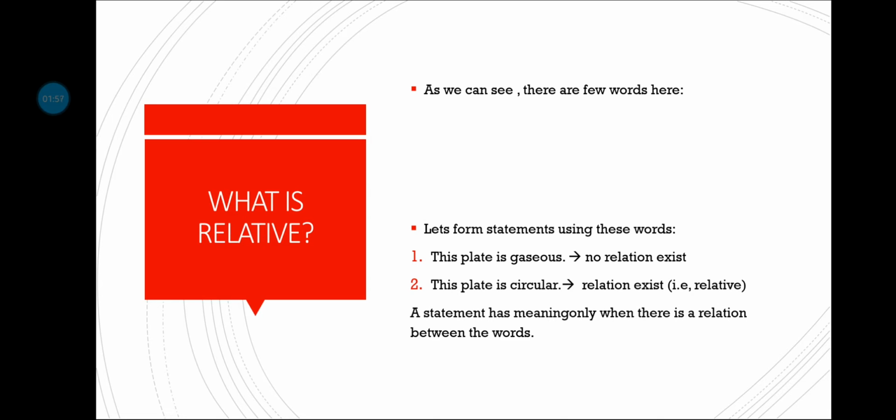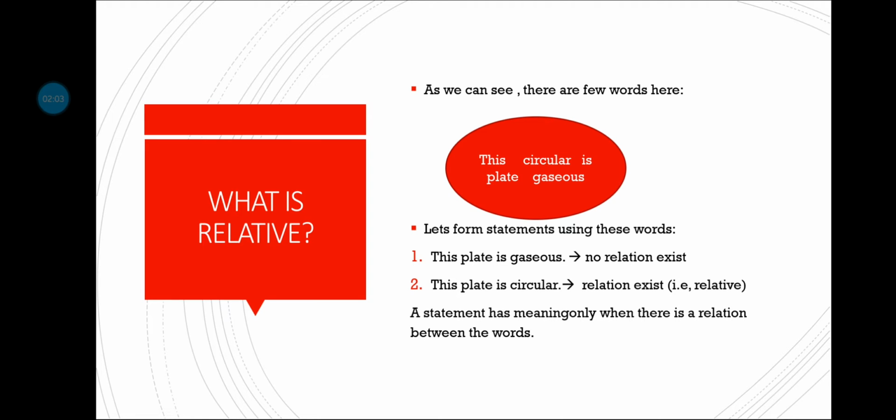What is relative? As we can see, there are a few words here. You can see that this is a circular plate, gaseous. Let's form a sentence using these words. This plate is gaseous. As we all know, a plate cannot be gaseous, so there is no relation over here.